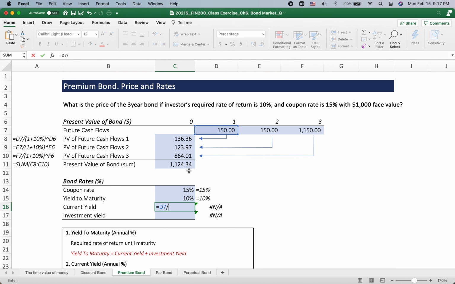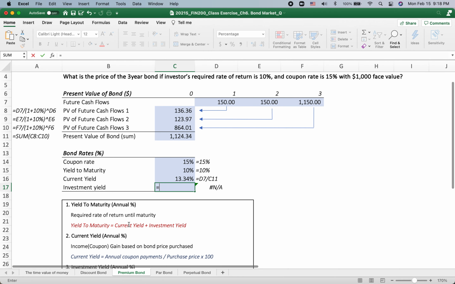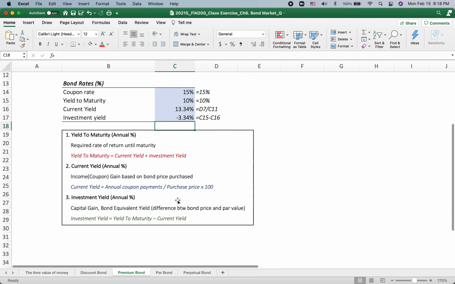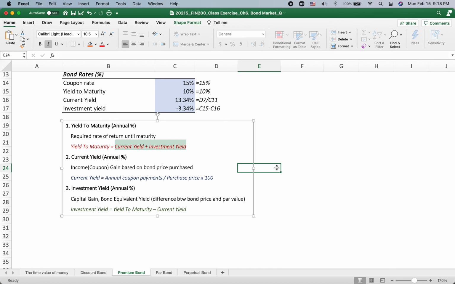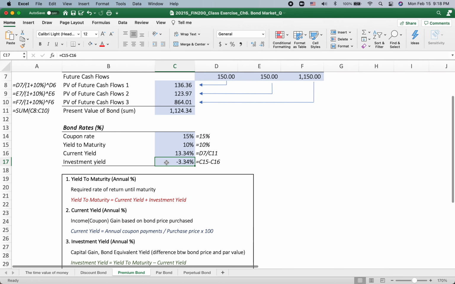And then investment yield, how to get it? Once again, it is the yield to maturity minus the current yield, which is higher than the yield to maturity. Okay, investment yield is yield to maturity minus current yield. Yield to maturity is always comprised of the current yield plus investment yield, the fixed income gain and the investment gain, right? But why do we have this negative investment yield?